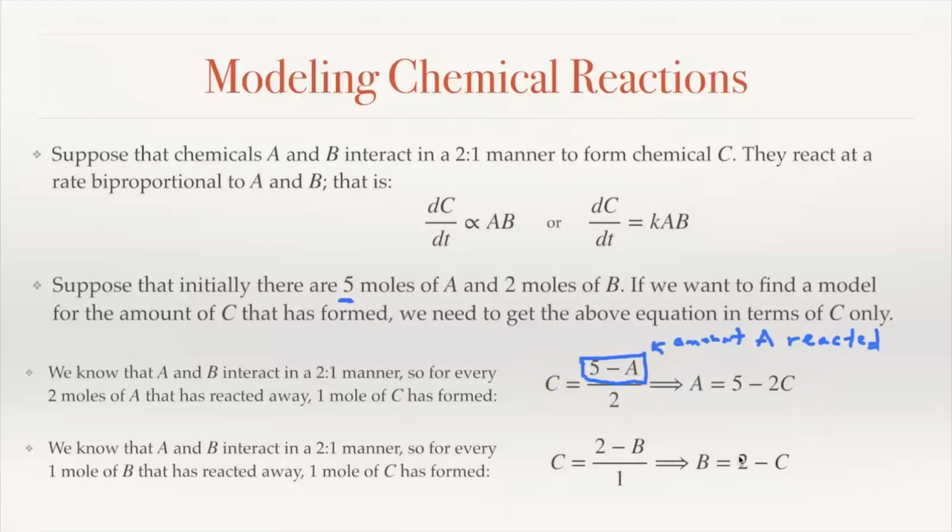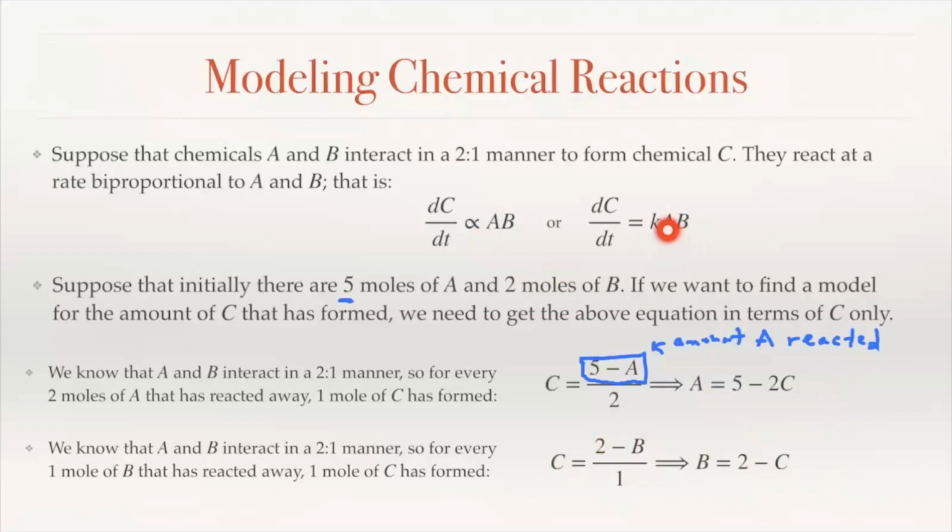Similarly, for every mole of B that has reacted away, which is that numerator, 1 mole of C has formed, so the amount of C is 2 minus B over 1, and thus B is 2 minus C. This setup is the crucial part and the main point of this. Now that we have this, we can substitute each of these into this equation.